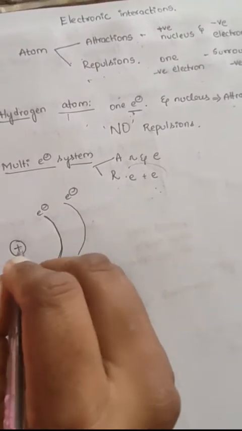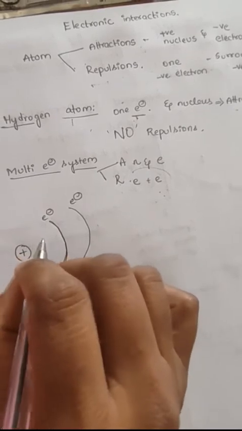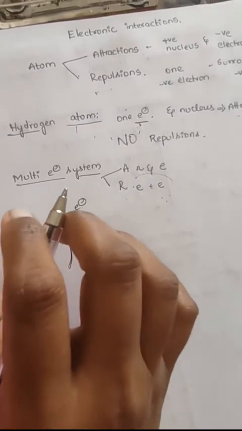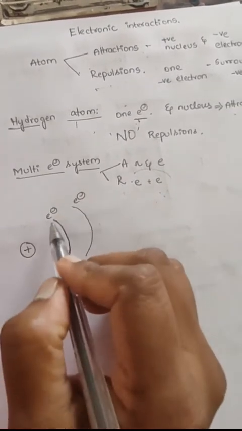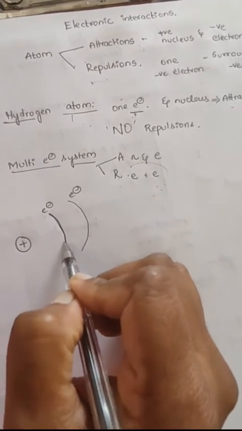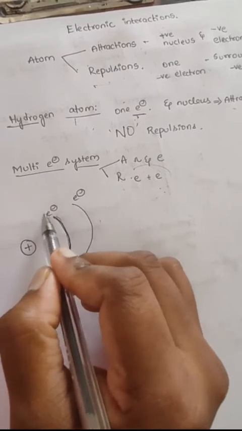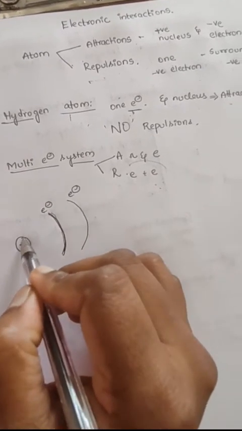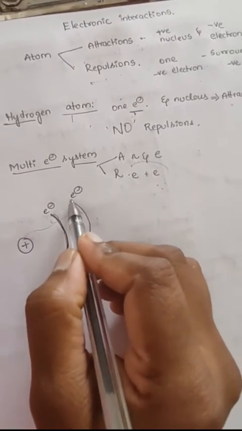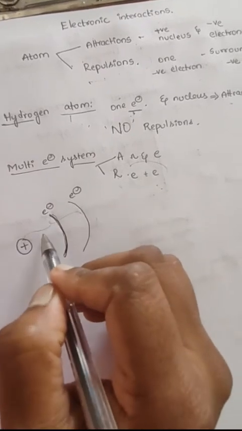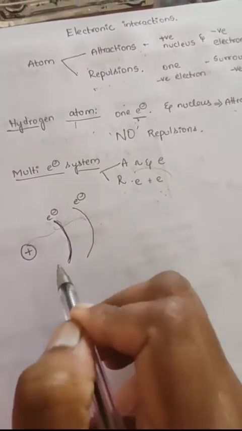Different means the nuclear charge experienced by the inner electrons is different when compared to the nuclear charge experienced by the electron when it is present in the outer subshell.